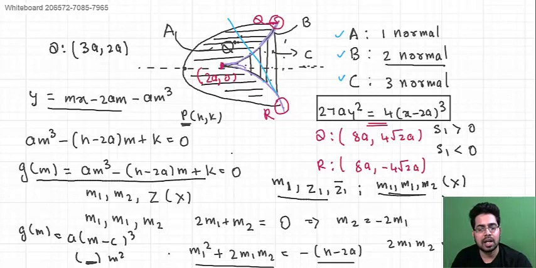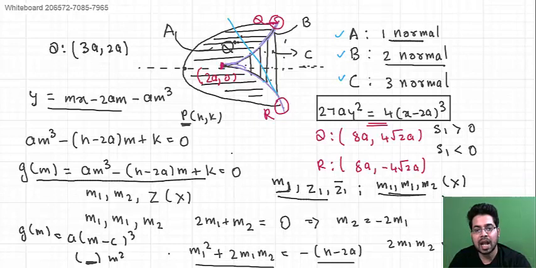It can be asked that for this point, what is the nature of the roots of this cubic? So you can specify that one of the roots is going to be real and the other two roots are going to be imaginary, and the number of normals that can be drawn, so you can state one normal can be drawn.